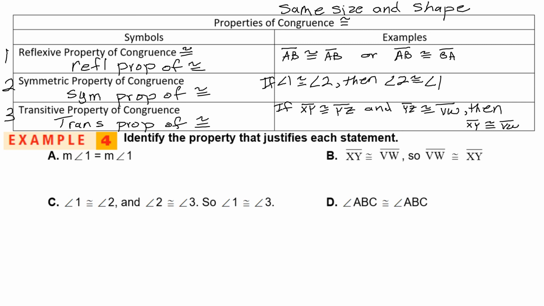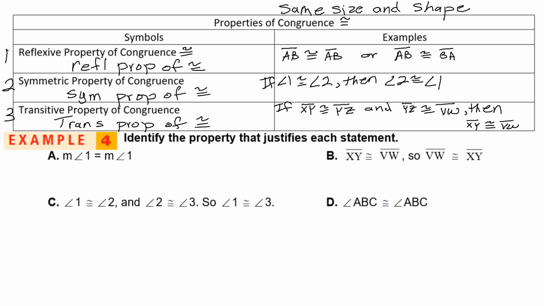Our last example, we want to identify the property that justifies each statement. Now this can be any property that we discussed today. Our first example, we have the measure of angle 1 equals the measure of angle 1. What would that be? Okay, it's not the symmetric property because there's only one equal sign.